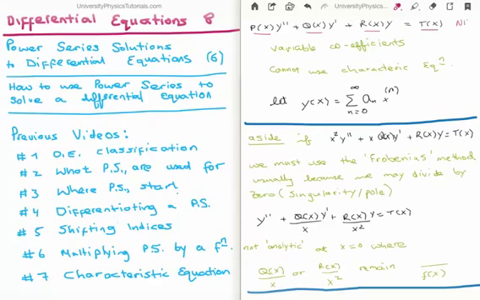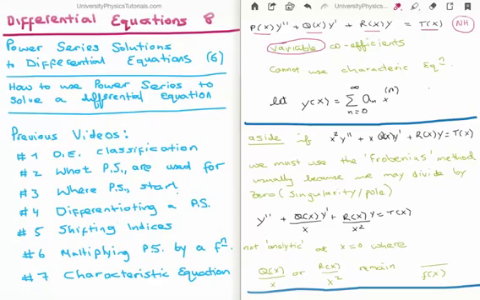Notice that it's a non-homogeneous equation. This is the most general case. And note, by the way, we have variable coefficients. This means that we cannot use the method of the characteristic equation, but rather we must use the method of power series solutions.